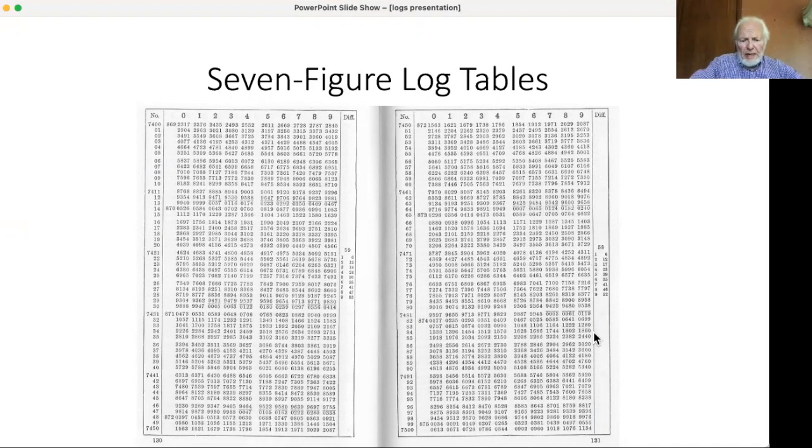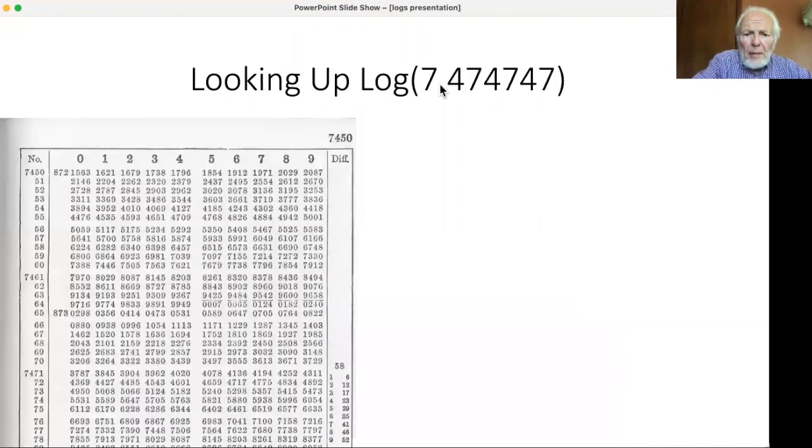But let's see how that actually works. So let's look up log of 7.474747, just for fun. So you look up the first 4 digits in the first column, having found the right page, of course. So that tells you that for all these numbers around here start 873, and then the following 4 figures are in the table.